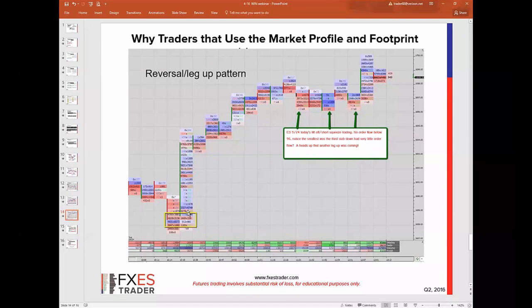So almost in profile terms, we had a little bit of a zipper, a zipper sort of rip, okay? By the way, a lot of times when you see this type of movement, it has a lot of buy side imbalances in it. You see a lot of really low volume. Those are what's called skipped prints. That can also be a hint of other time frame activity as well.